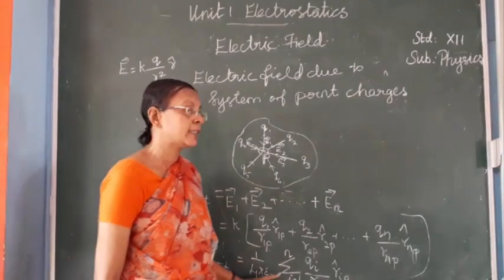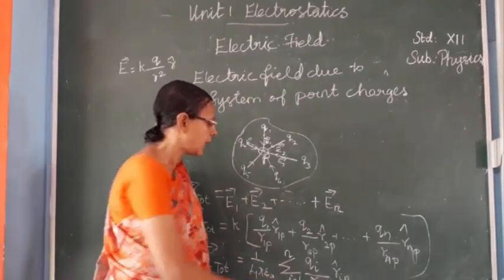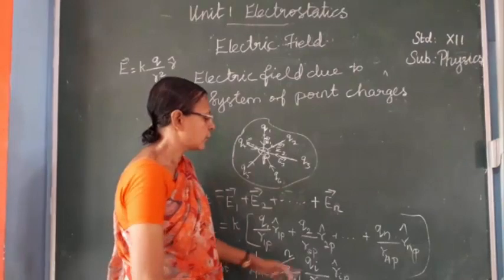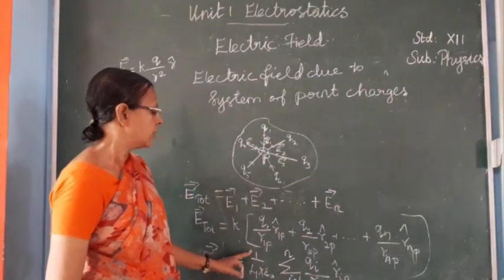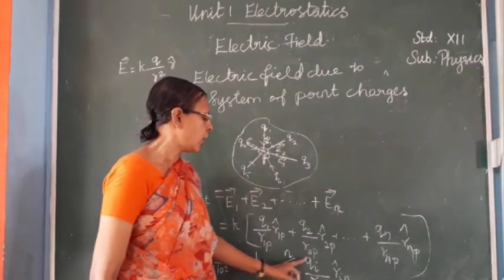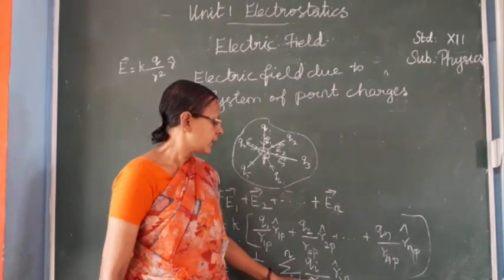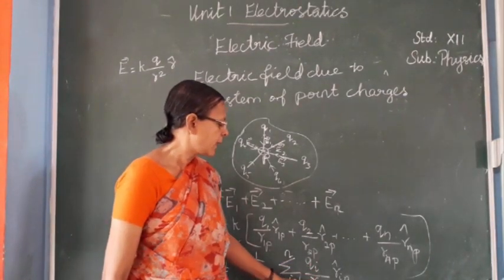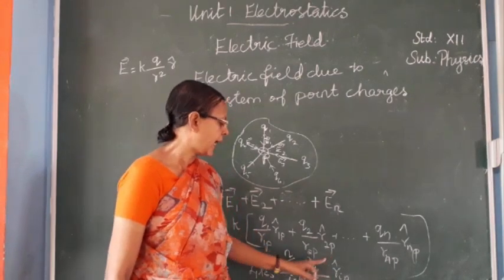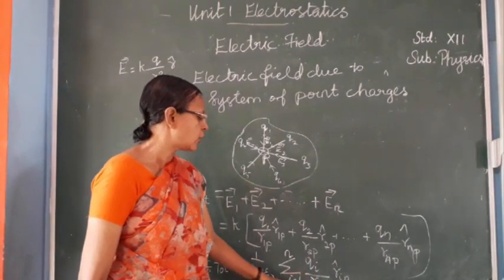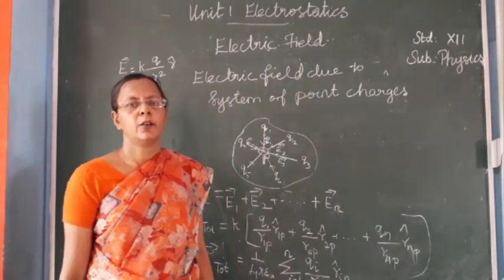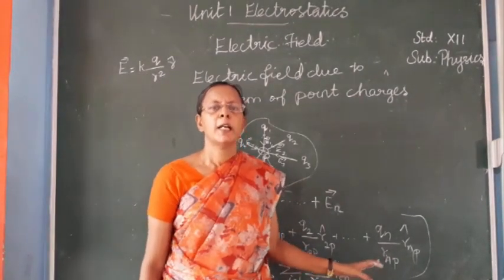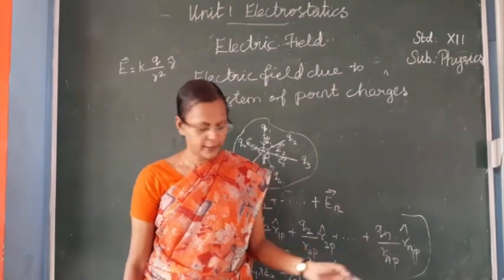E total equals 1 by 4 pi epsilon 0 sigma i equal to 1 to n, Qi r_iP cap. Otherwise we can say like this: 1 by 4 pi epsilon 0 sigma Qi r_iP cap, where i is equal to 1 to n. Okay, this is the superposition principle of electric field.